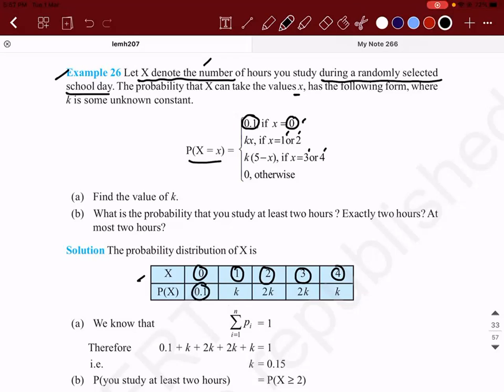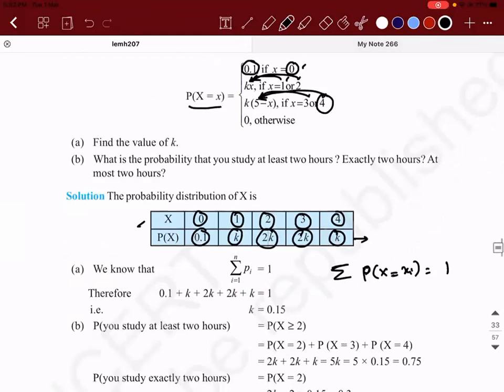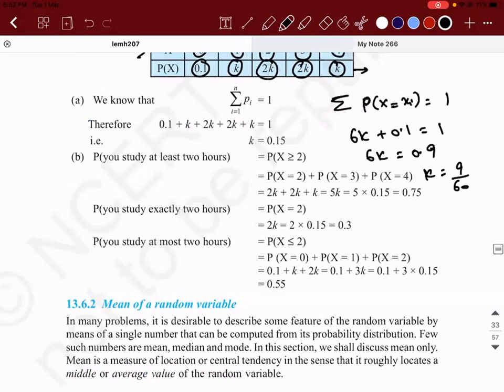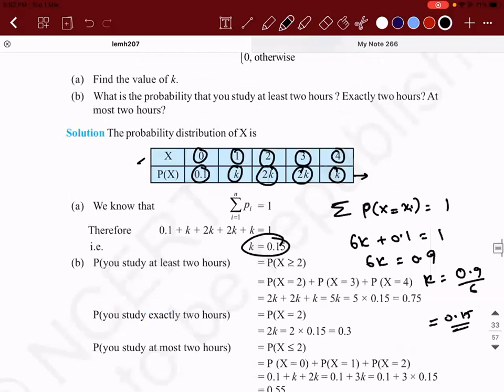When equal to 4, put 4. I told them to put the probabilities from the distribution table. The sum of all the probabilities is equal to 1. So if you add everything, 2k, 4k, 5k, 6k. So 6k plus 0.1 is equal to 1. So 6k will be equal to 0.9. So k will be equal to 0.9 by 6, which is 0.15. So the value of k is 0.15.